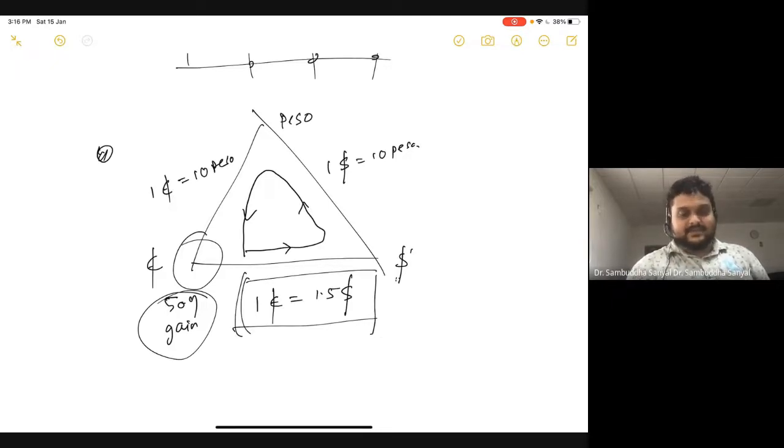Nothing happens here. But in this line, since 1 euro becomes 1.5, that means here you have $1.5, that means here you have 15 peso, and this 15 peso means 1.5 euro. So when you return, you have 0.5 euro extra, so you earned 50% of what you had, right? You understand this point?